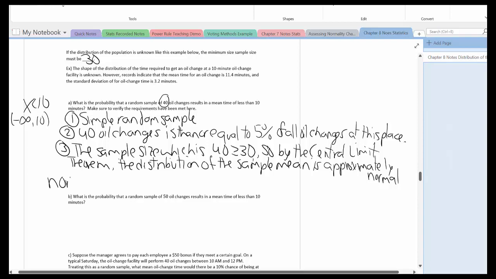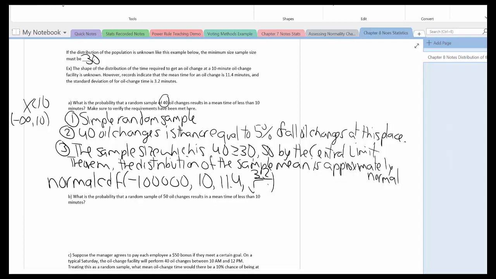So this is normal CDF of negative 100,000, comma 10, comma, the mean, that's 11.4, comma, the standard deviation, 3.2, divided by the square root of 40. Sorry, that should be the square root of 40, not the square root of 50. Okay, here I get this.